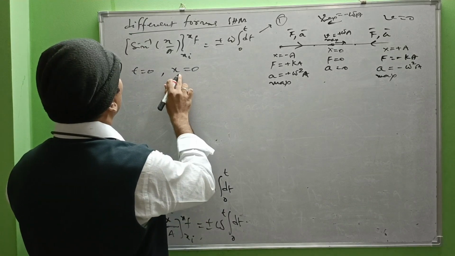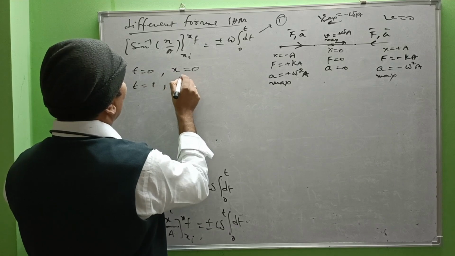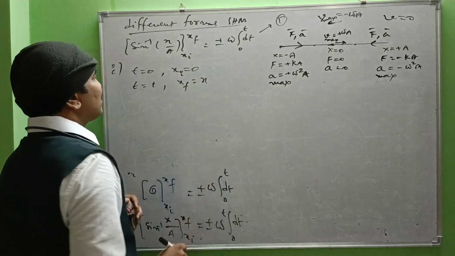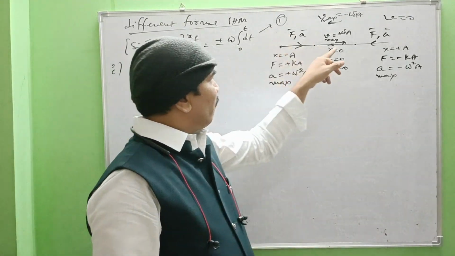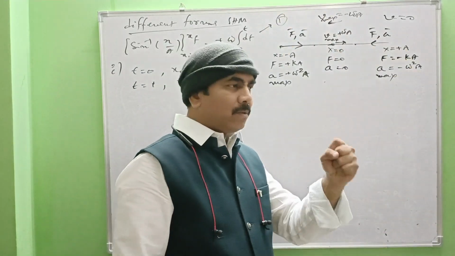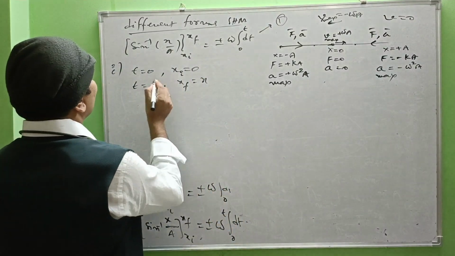xi equals 0. When t equals t, xi equals 0 means xf equal to x. This is the required situation, right? So when the particle is crossing the mean position, I have the initial witness of the particle. That's the situation here.